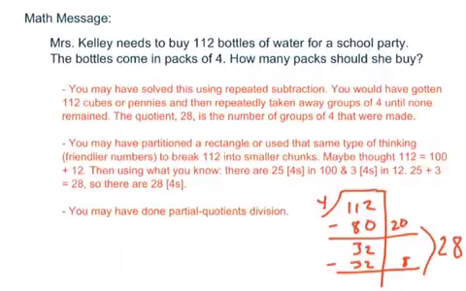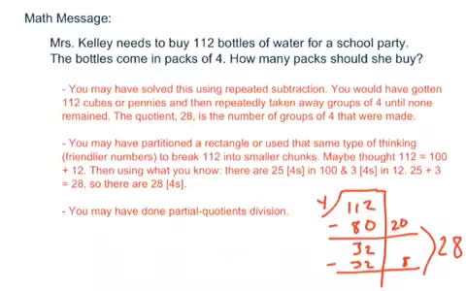When you added up those groups, the quotient would have been 28, because that's the number of groups of 4 that were made. So, definitely one way you could have gone about that would be repeated subtraction. It's not a very efficient way, but it would work if you had lots of time and lots of patience. And 112 of something, right? Okay, so that's one way.